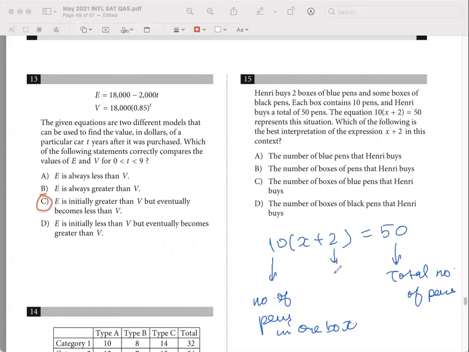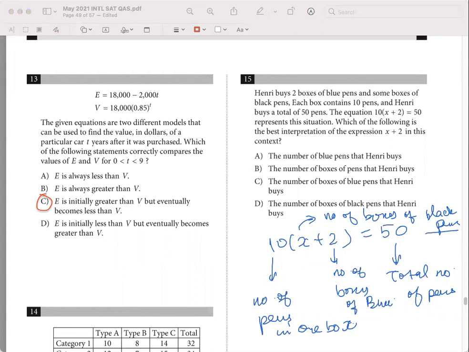This is the number of boxes of blue pens. And X will be the number of boxes of black pens, right? Because the total number of boxes is X plus 2. That multiplied by 10, because each box contains 10 pens, gives him 50 pens.